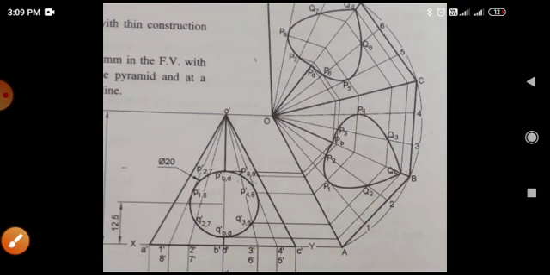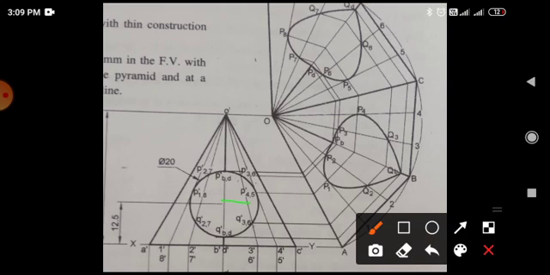Then according to the problem, you have to draw a circle of 10 millimeter radius, or 20 millimeter diameter, at 12.5 millimeter from the base. So you take a point on the axis which is 12.5 millimeter distance from the base, and draw a circle of the given radius.